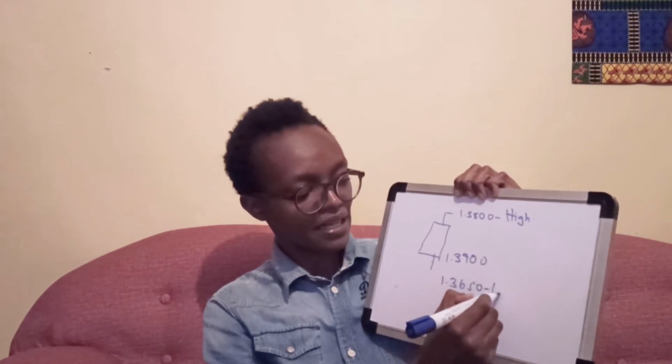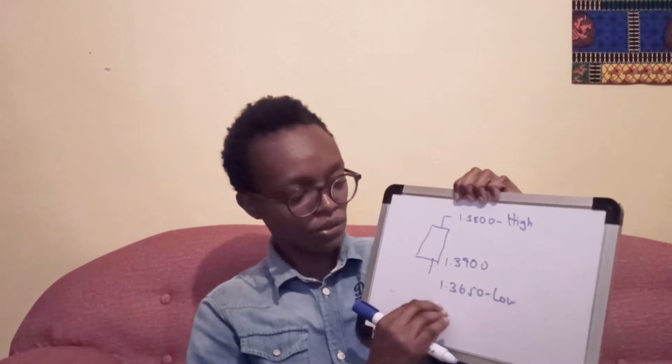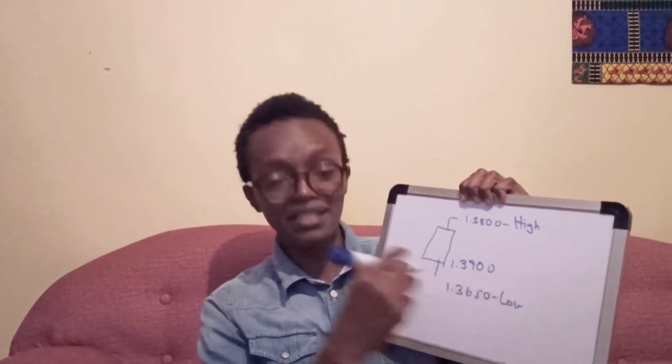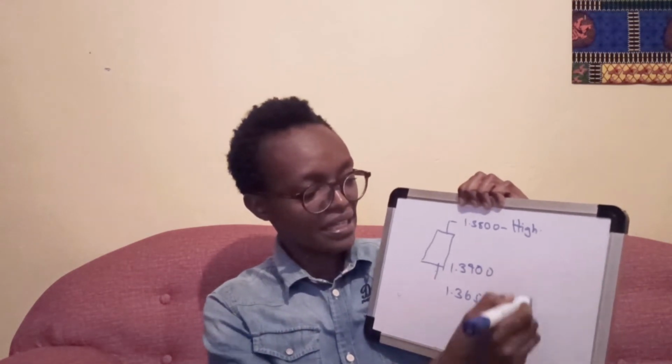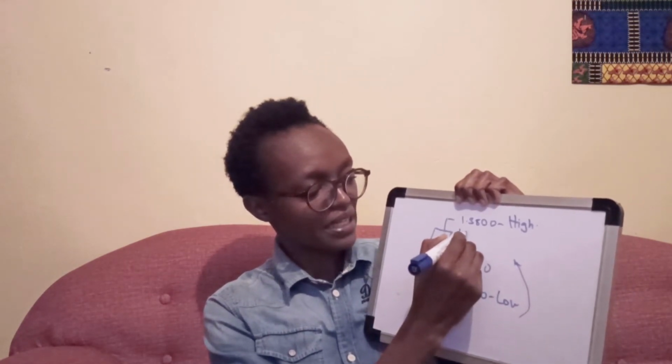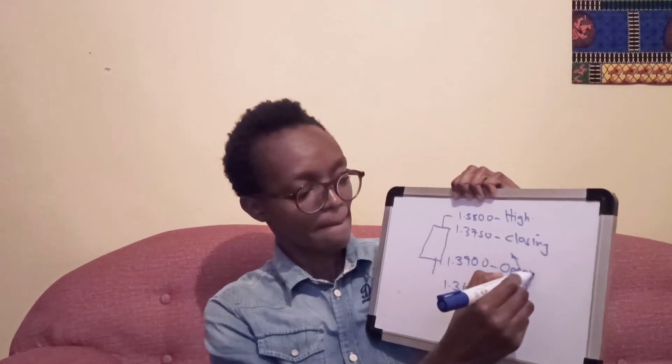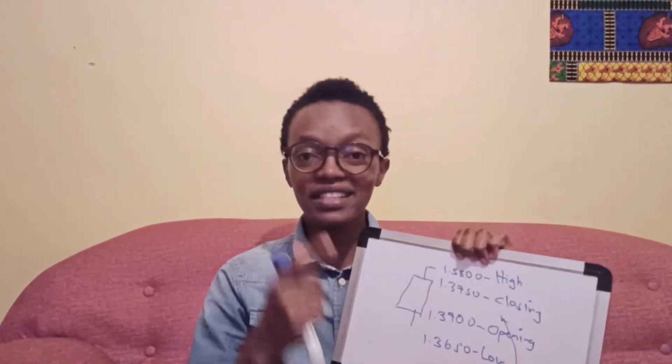So this becomes the lowest price that the sellers managed to take price to. And since the buyers come in the market and they take price to around 1.3750, this becomes the closing price of this candlestick. Since the closing price was higher than the opening price, this means that the buyers won this round.